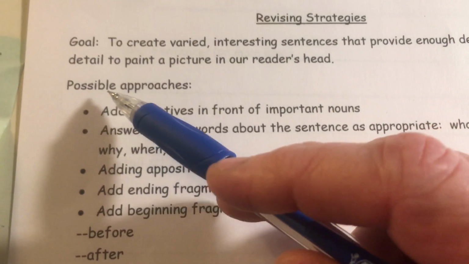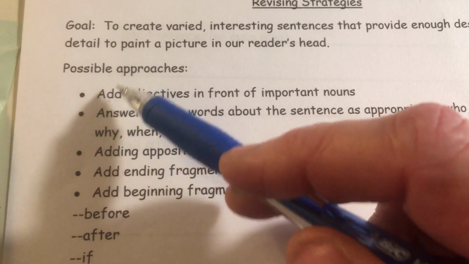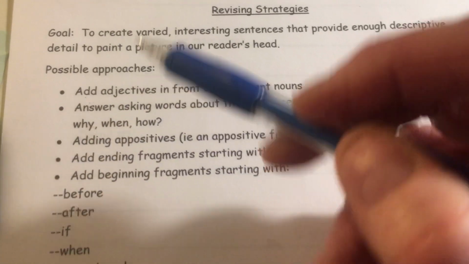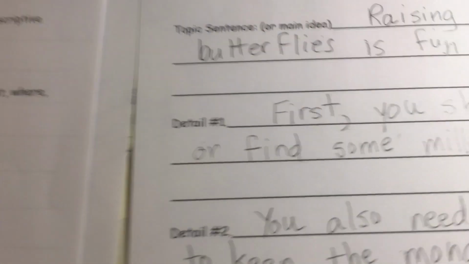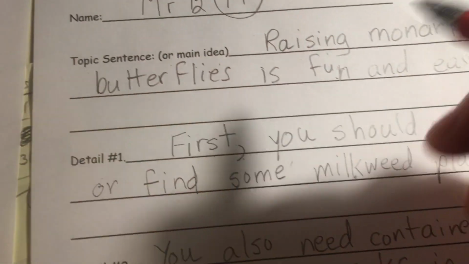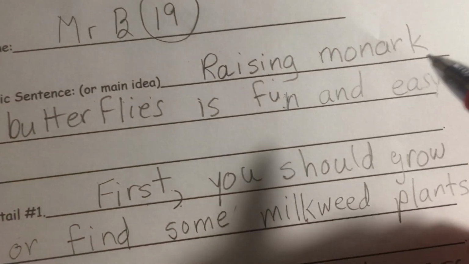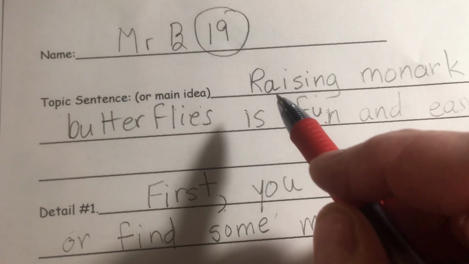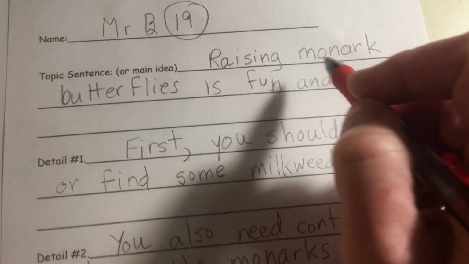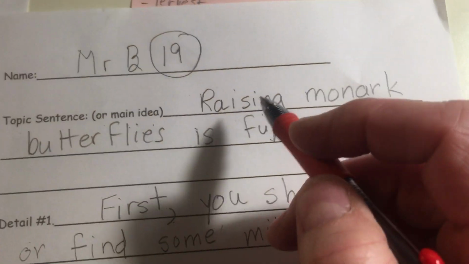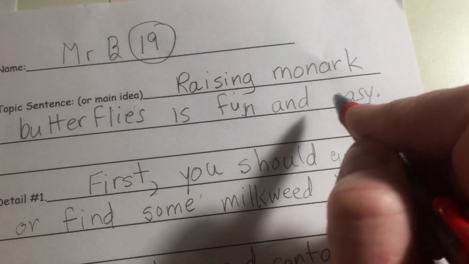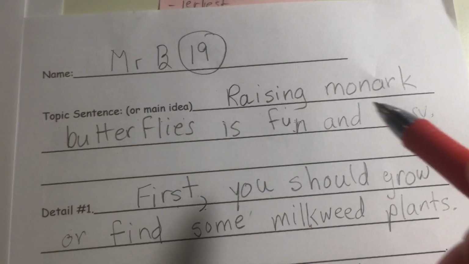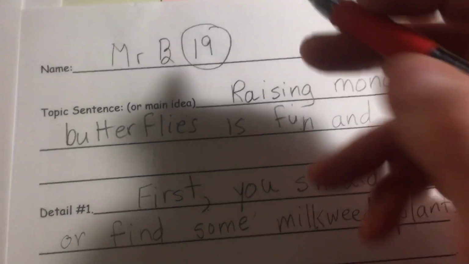All right, possible approaches. One way you can revise is to add adjectives in front of important nouns, the main nouns. So I'm going to take my red pen just to help me see what the changes I made are. First I'm going to look for the important nouns, and I'm going to try to add an adjective. So raising monarch butterflies is fun and easy. Well, monarch butterflies is an important noun.